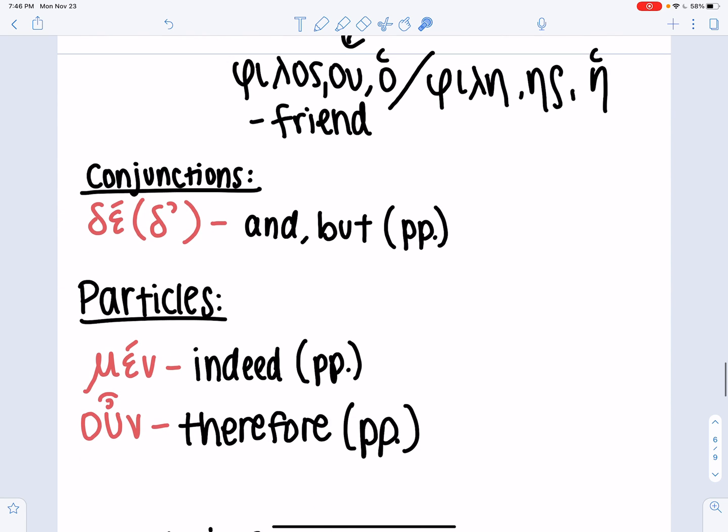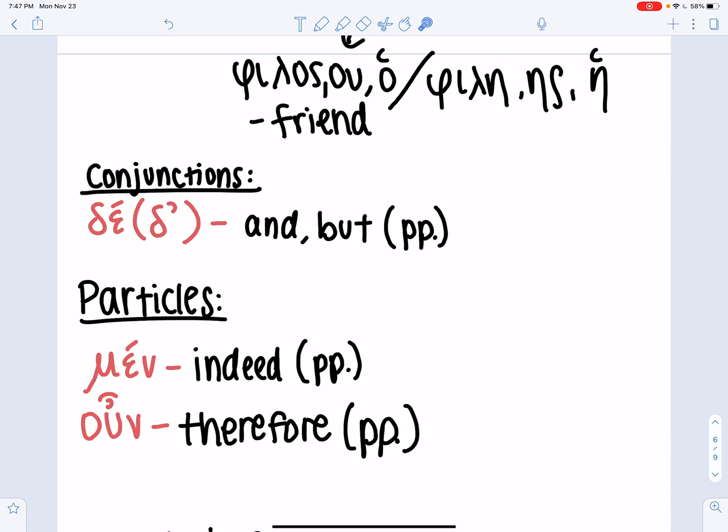And then for conjunctions, we just have one, which is de, and we've seen this sort of thing before. If there's a vowel that starts the next word, then you get rid of that epsilon and you put an apostrophe. So it's just d, and then connects with the vowel that starts the next word. And this means and or but. And this little pp that I put in parentheses, I'm using to designate that it's post-positive.